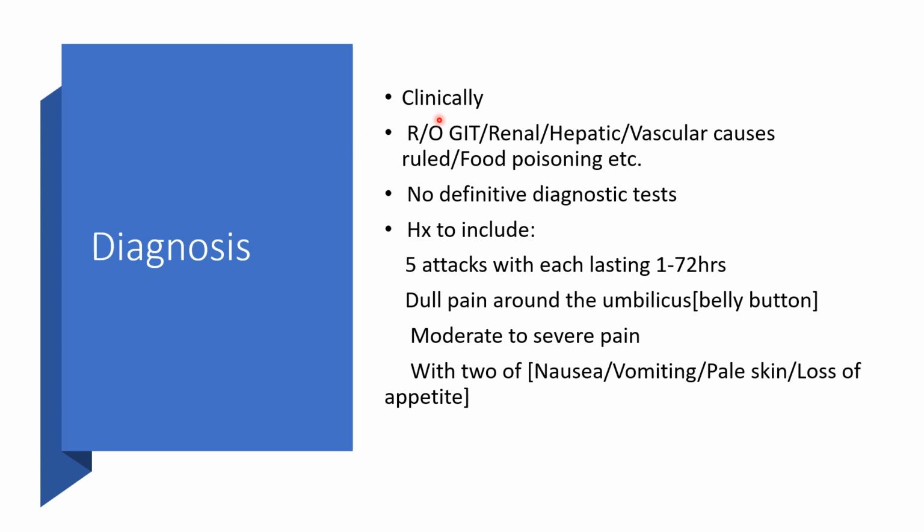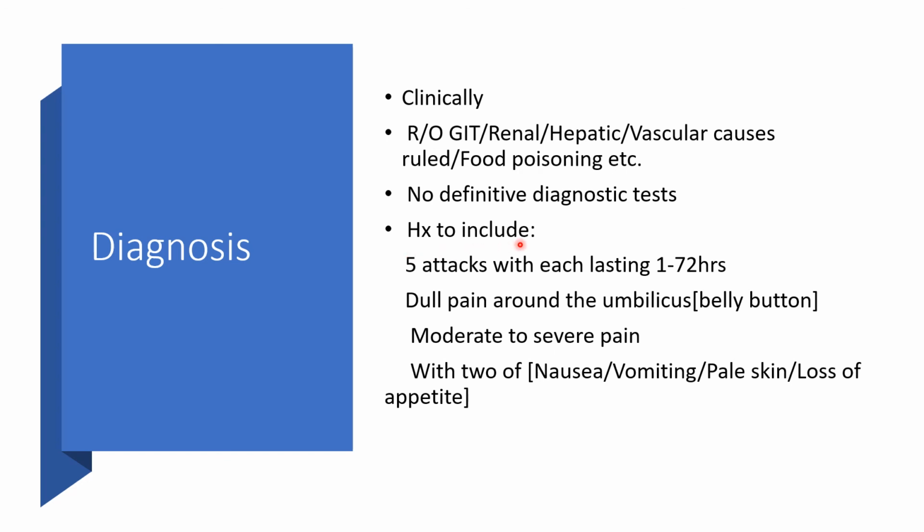How can we make the diagnosis of abdominal migraine? Mostly done clinically, okay? But we will rule out gastrointestinal tract problems, renal problems, hepatic problems, vascular causes, including food poisoning. We'll rule them out first. Then we don't need to embark on any diagnostic test, because there's no definitive diagnostic test now.